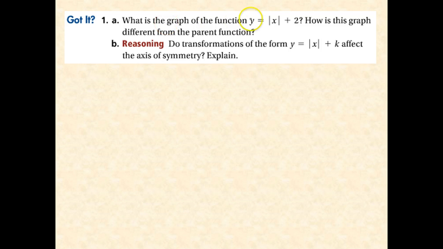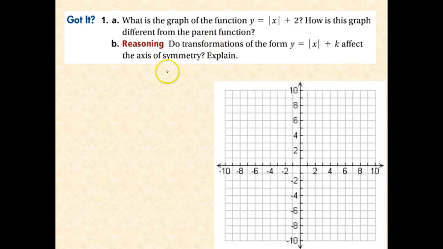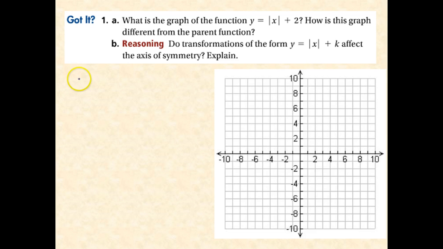Okay, so what is the graph of the function y equals absolute value of x plus 2? And how is this different from the parent function? Well, we can make one of them cool tables, and we can do x, y equals absolute value of x plus 2.